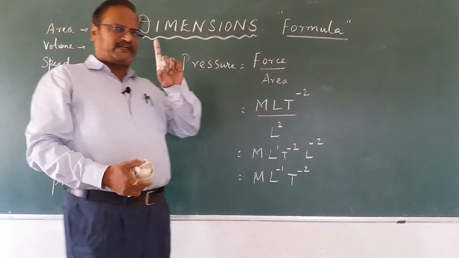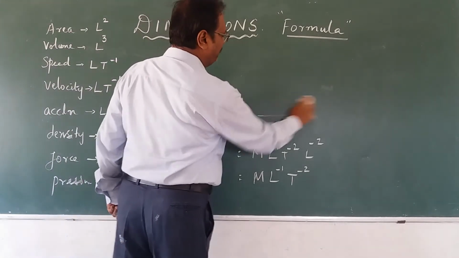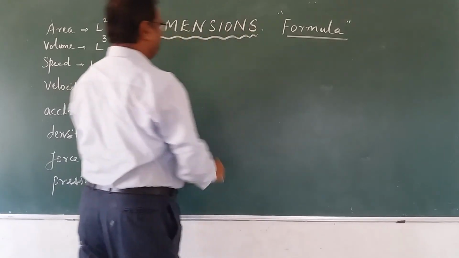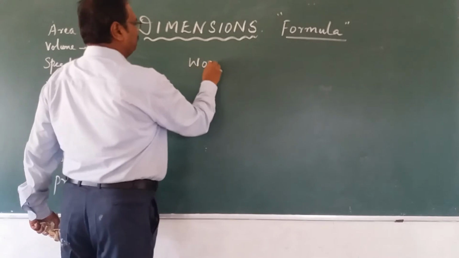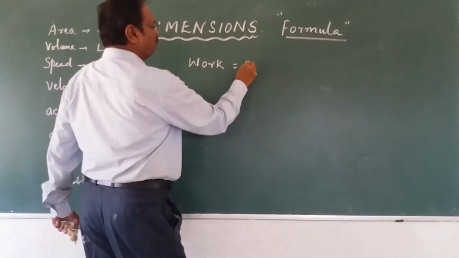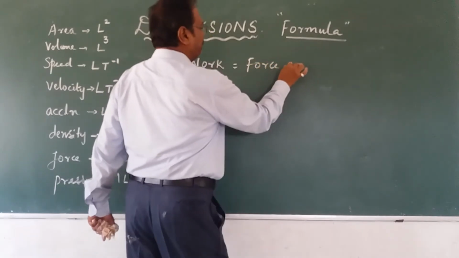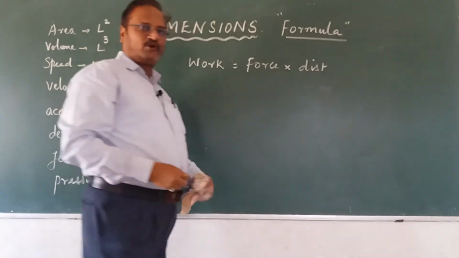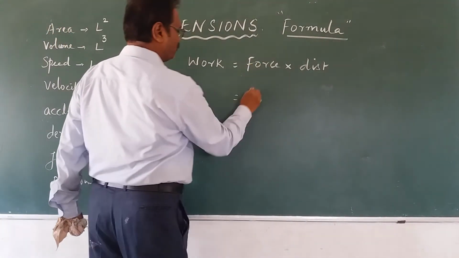Now one more quantity I will do, and then I will do one of the applications of the dimensional formula. Let us look at it. We will take, for example, work done. What is work? In physics, force multiplied by the distance moved by the body. What is force?